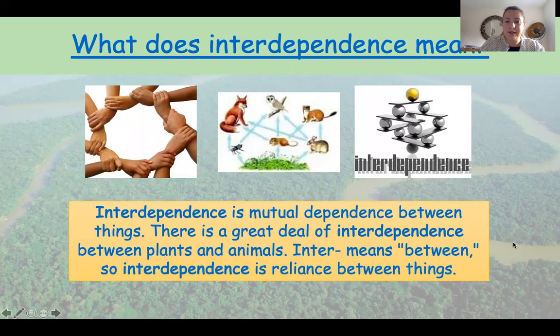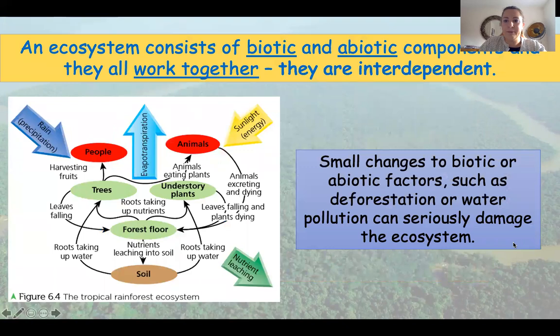You need those notes down, and then both of these notes down here as well. An ecosystem consists of biotic, which is living, and abiotic, non-living, components. They all work together, they are interdependent, so you can't have one without the other. And your final bit of notes on interdependence is in this blue box.